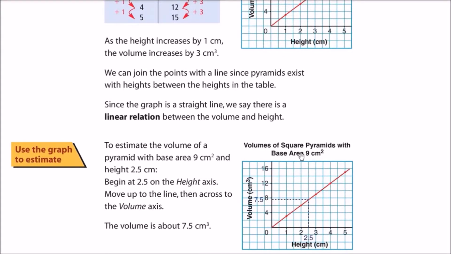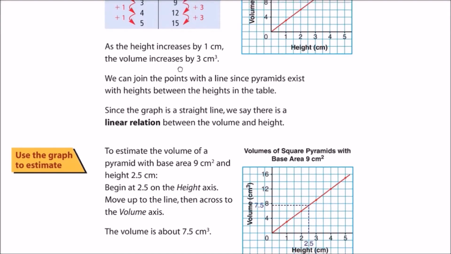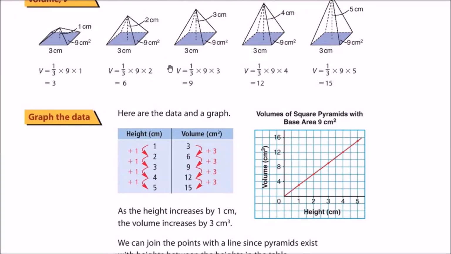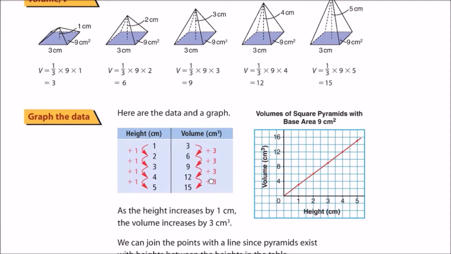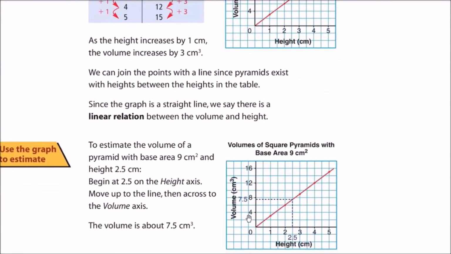Now let us take a proper example, when the base area is 9 and now the height is 2.5. That is, we want to find out between this and this, 6 and 9. So the volume must come between 6 and 9, and you'll see that it is going to follow this trend. That means at 2.5, draw a line which is parallel to the volume axis, and when it intersects this straight line, that is what we have drawn, the linear relation, draw a line which is parallel to the height axis, and when it intersects here, this is around 7.5.